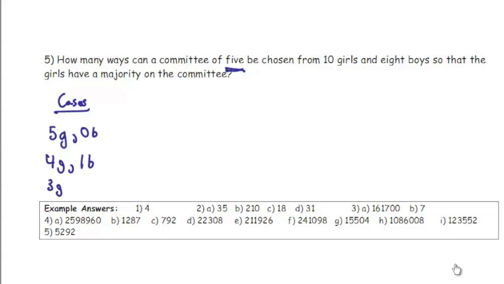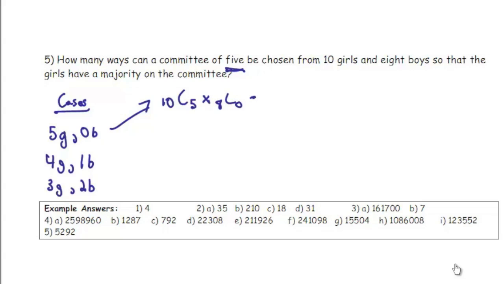And that's, again, cases. It's the idea of 5 girls, 0 boys. Yes, I did G and B. There's also the idea of 4 girls and 1 boy. And finally, 3 girls and 2 boys. After that, it would be 3 boys and 2 girls, not allowed.